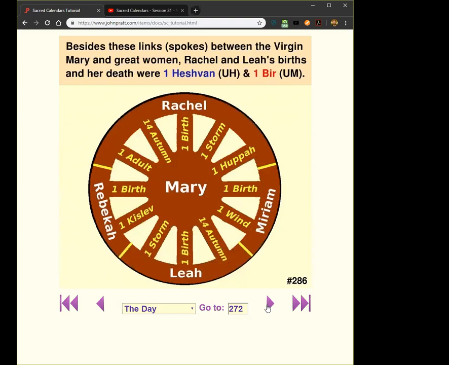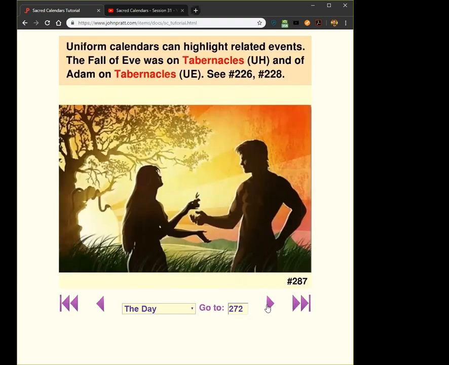Let's go to 287. Now here's one where the symbolism ties in, because the uniform calendars can highlight related events. The fall of Eve. Now, the fall of Eve on the regular Hebrew calendar was on a decision day, and it's in the summer.